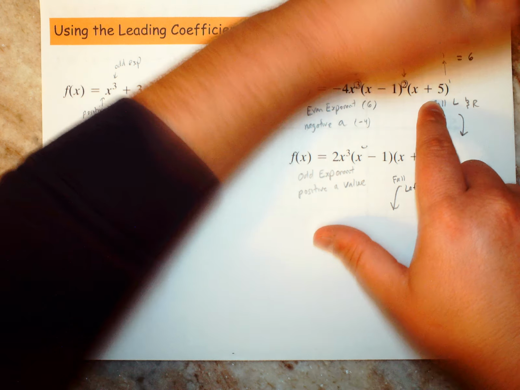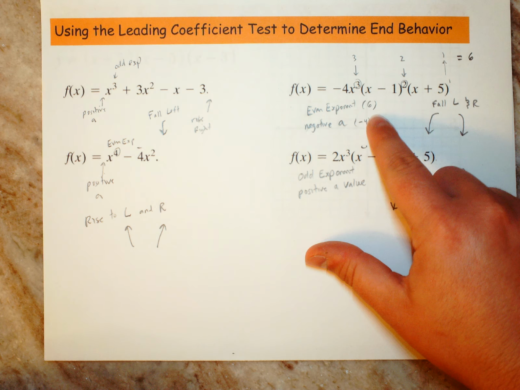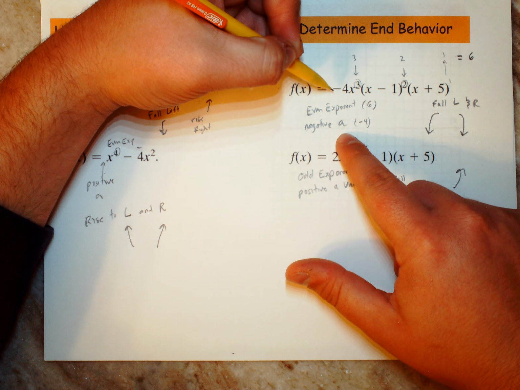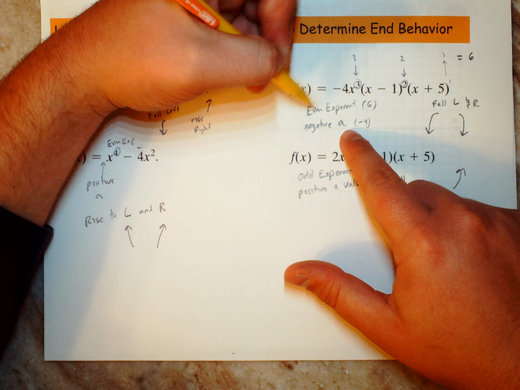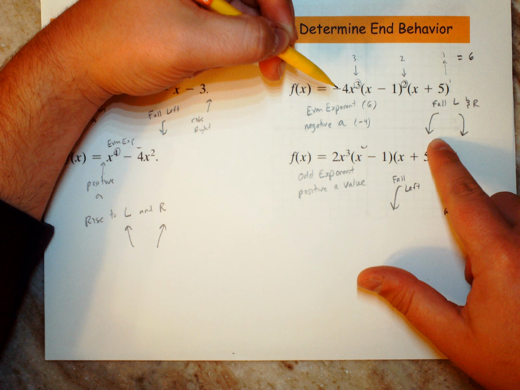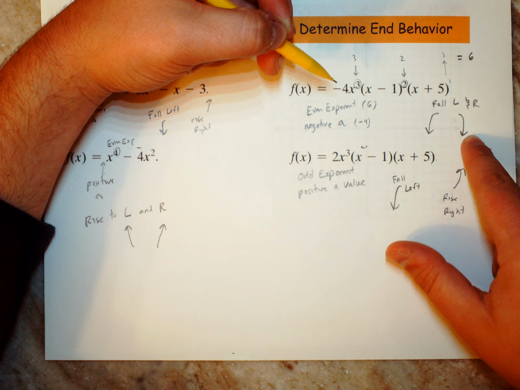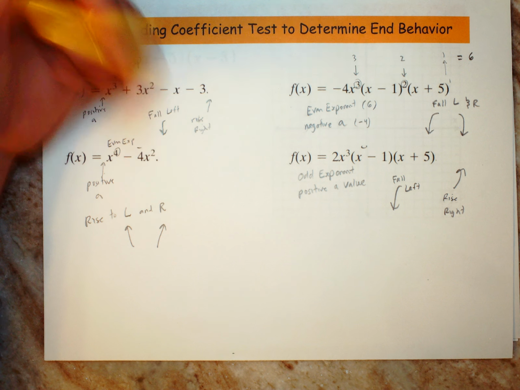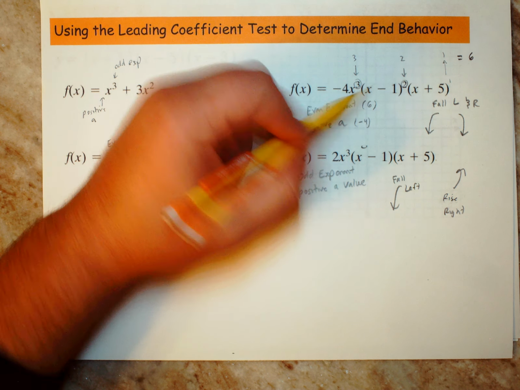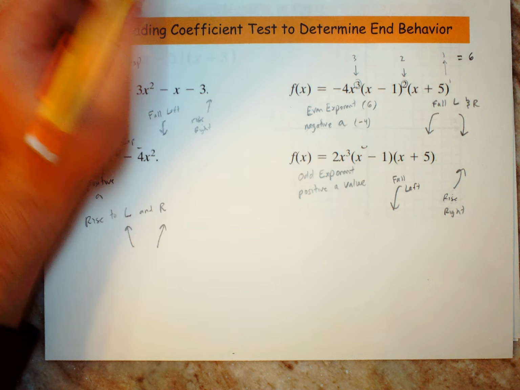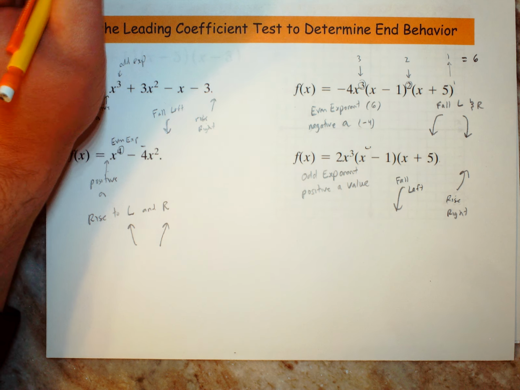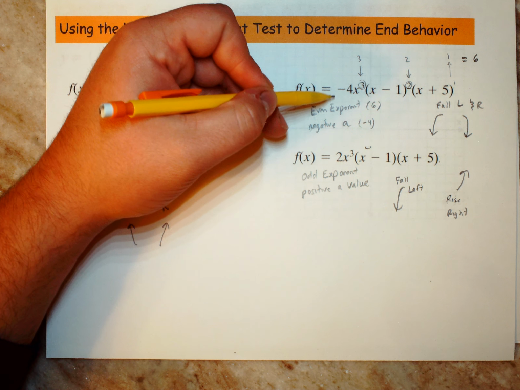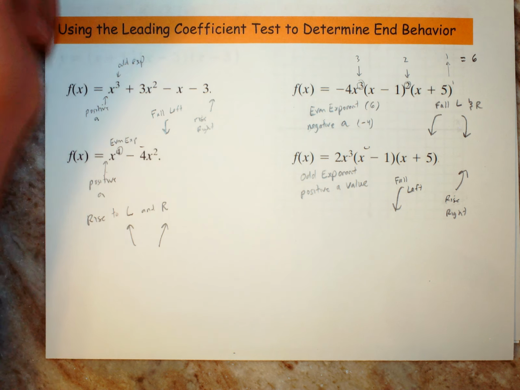This is going to be a degree 6 polynomial. 6 is even. The a value is -4. So you have a negative a and an even exponent, so it's going to fall to the left and the right. Again, I figured out what the power was: we have x to the third, squared, and 1. That tells you it is a degree 6 polynomial. The leading coefficient is negative, so it falls left and falls right.